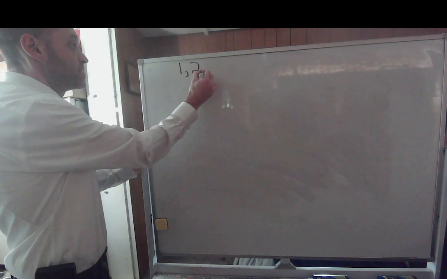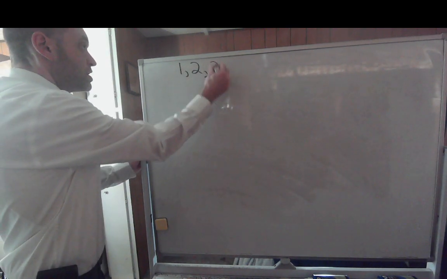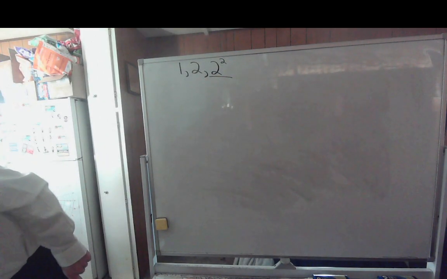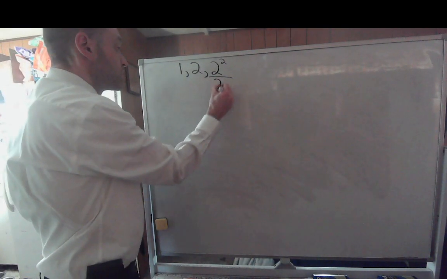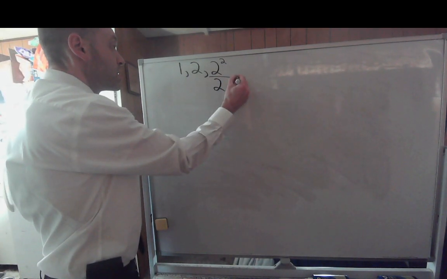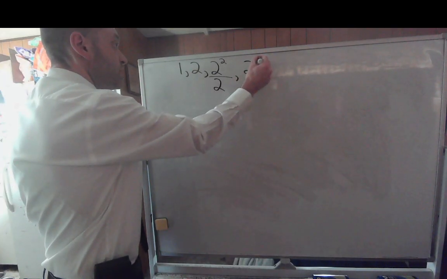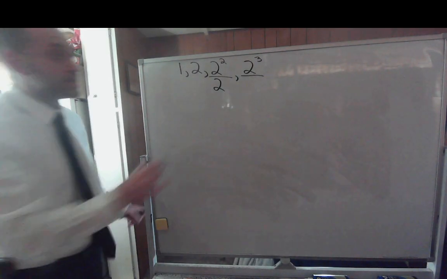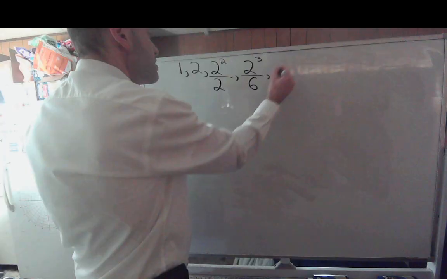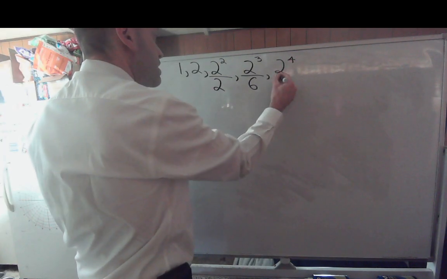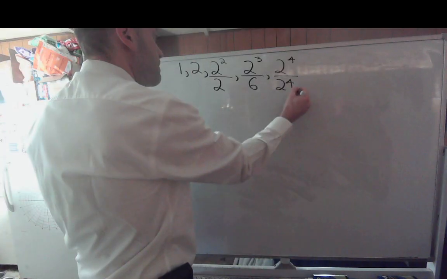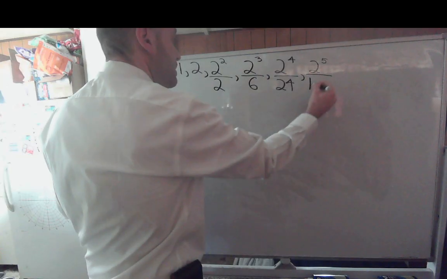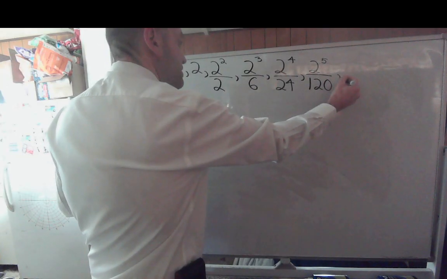So we have 1, 2, 2 squared over 2, 2 cubed over 6, 2 to the 4th over 24, 2 to the 5th over 120, and then so on.